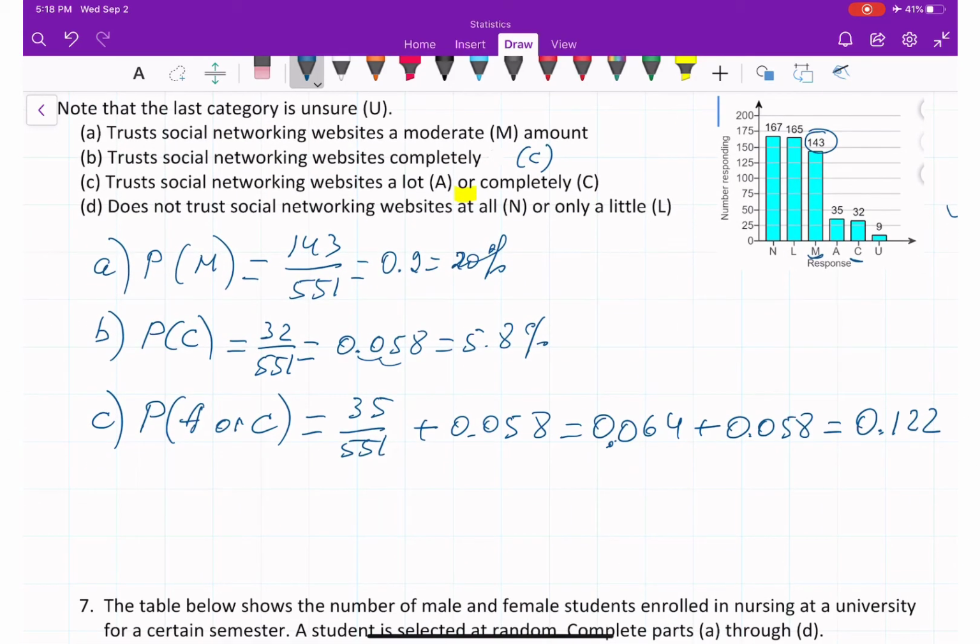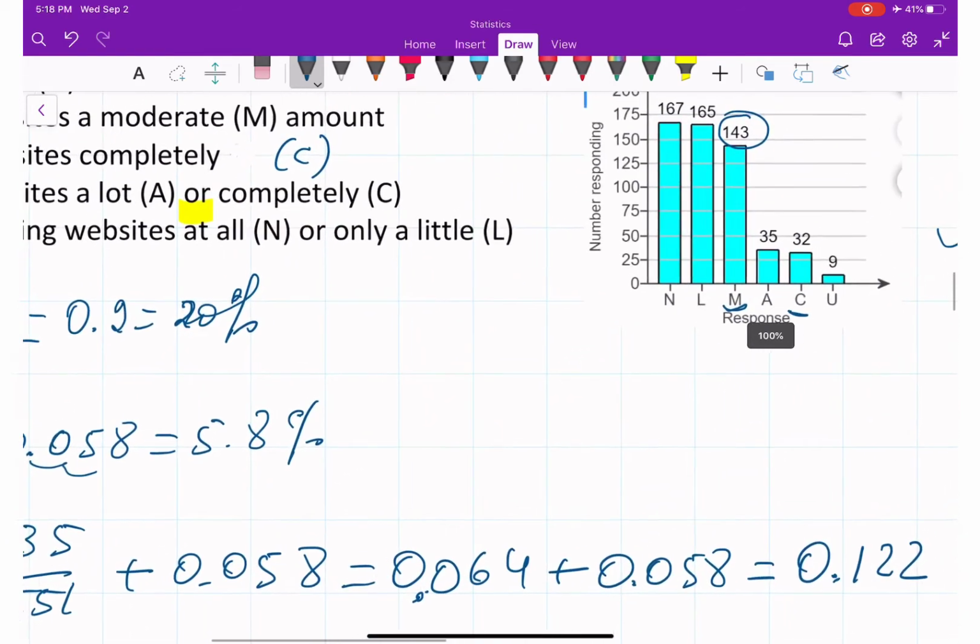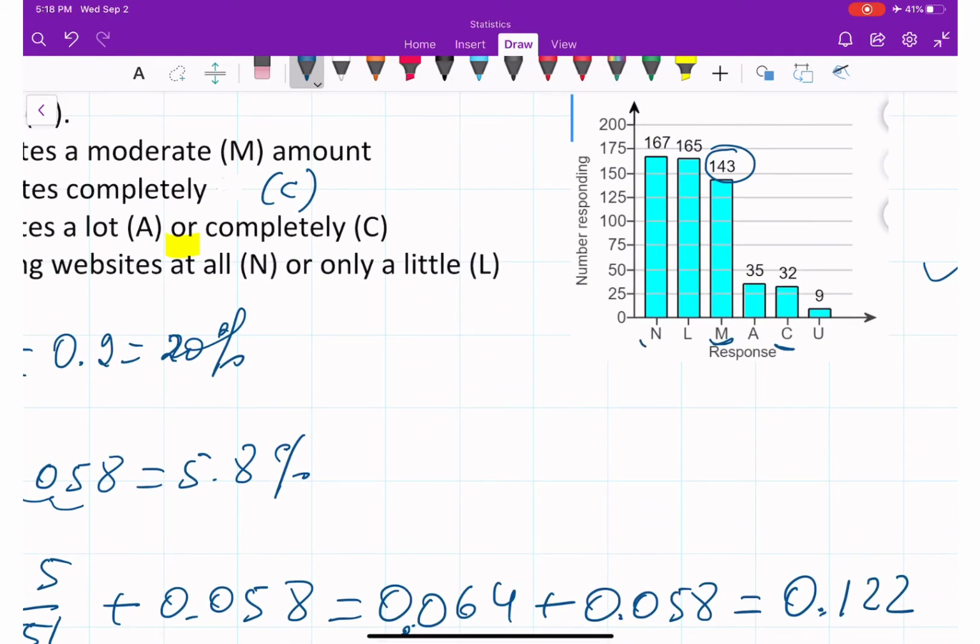Next, D. Does not trust social networking websites at all, or only a little. So it's going to be the probability of not at all, that's going to be N. Here it is, N. And only a little, L, 165.